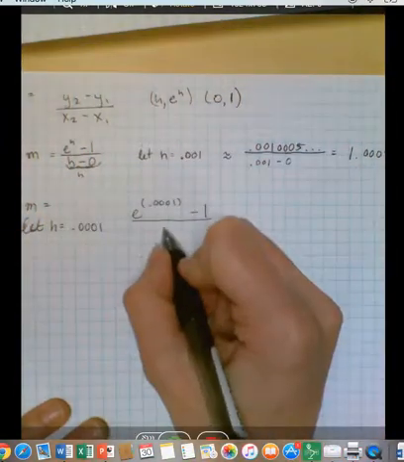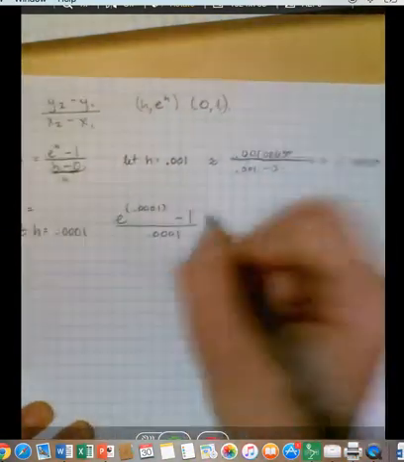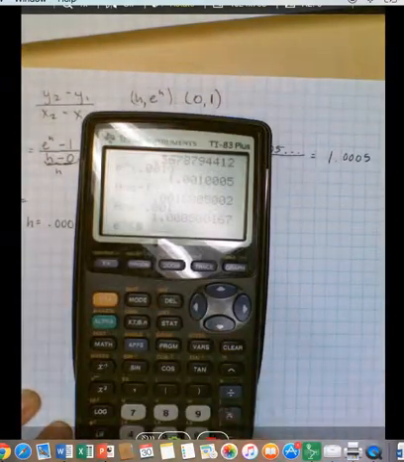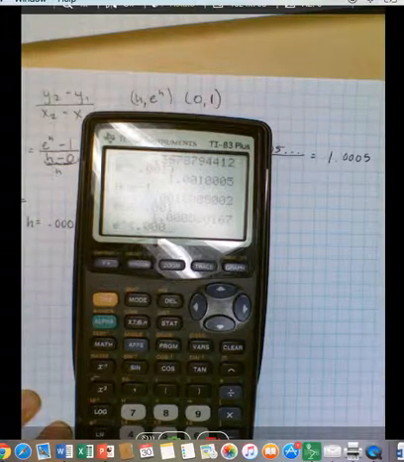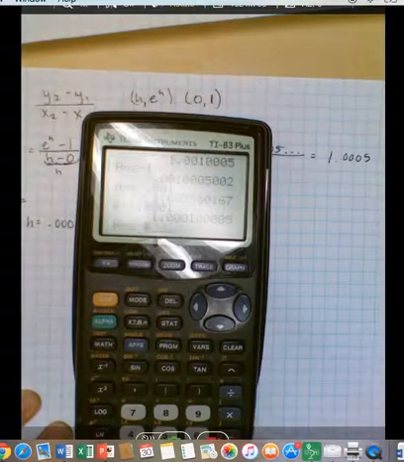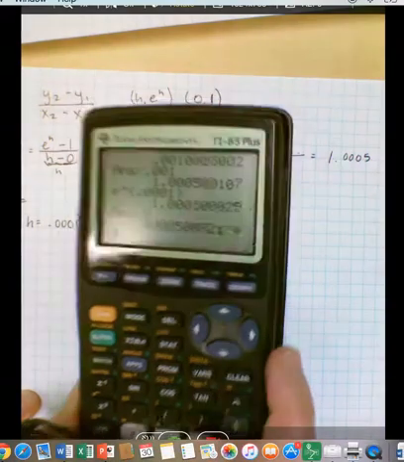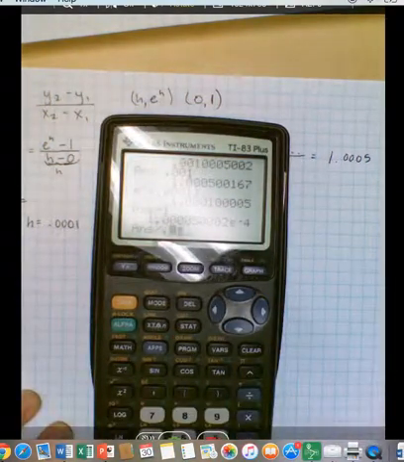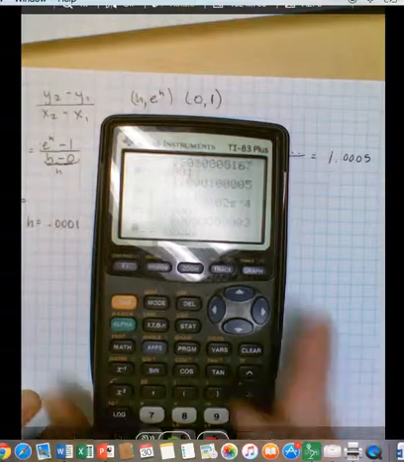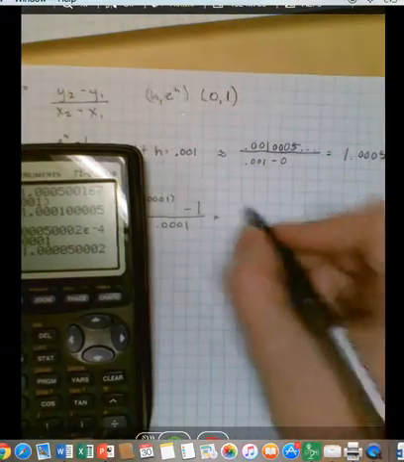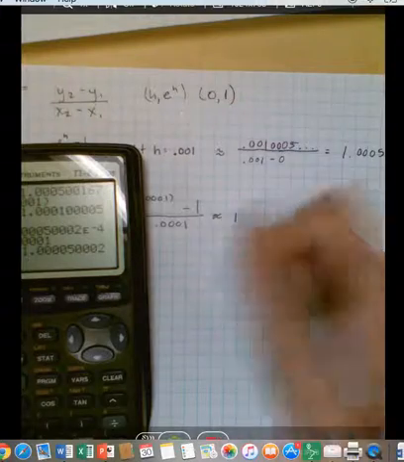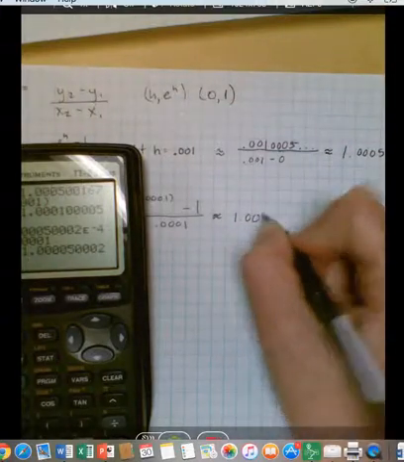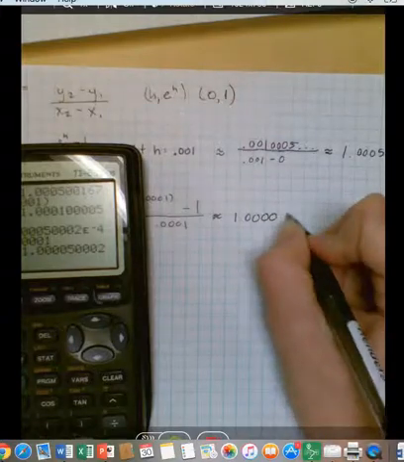Using my handy dandy calculator, e to the 0.0001 minus 1 gives me my numerator, divide it by h, 0.0001, and there's 1, so approximately 1.00005.